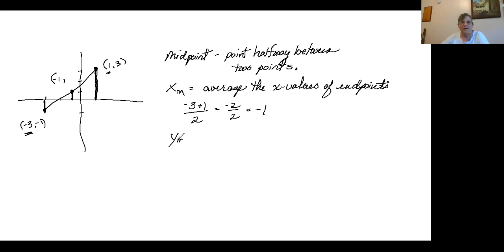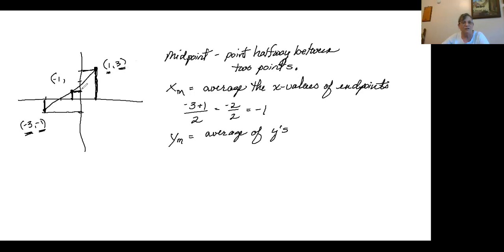To get the y for the midpoint, you get the average of the y values at the endpoints. So if we look at the y values, -1 and 3, you notice that this y value is lined up here. This one is lined up here.